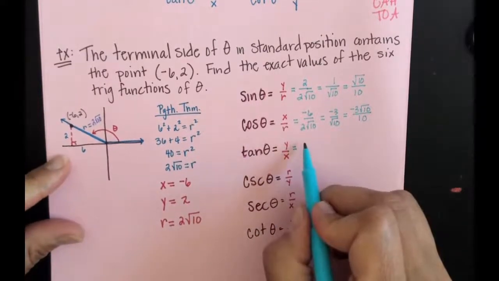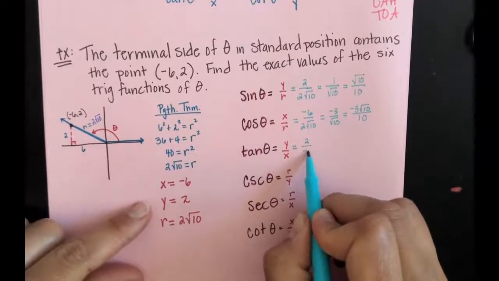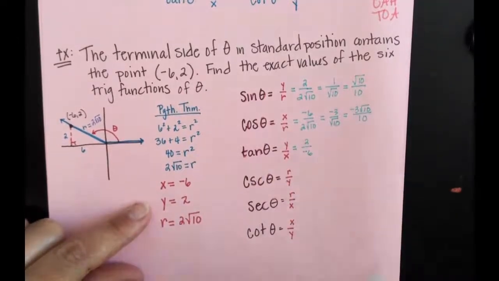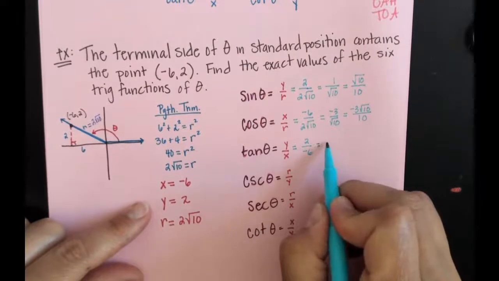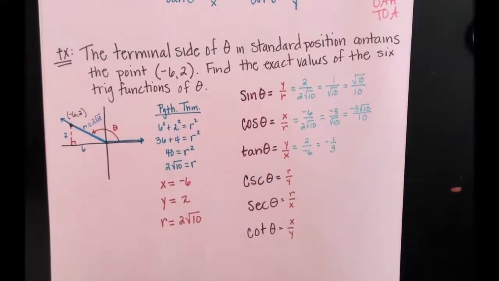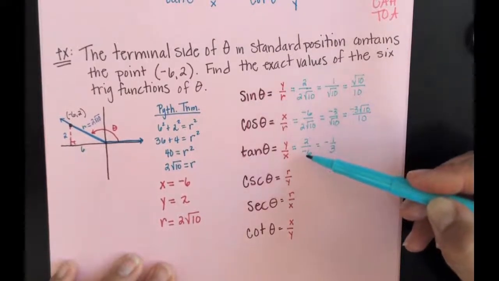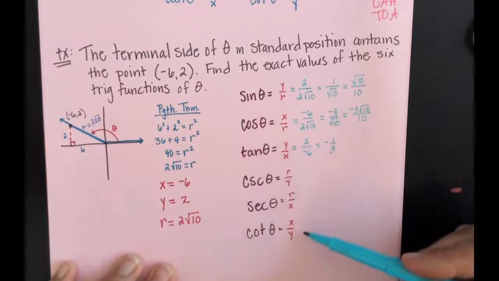Tangent is opposite y over adjacent x. So we have that 2 over negative 6, which reduces this to negative 1/3. So I'm going to use all of these first fractions to help me do the reciprocals here.